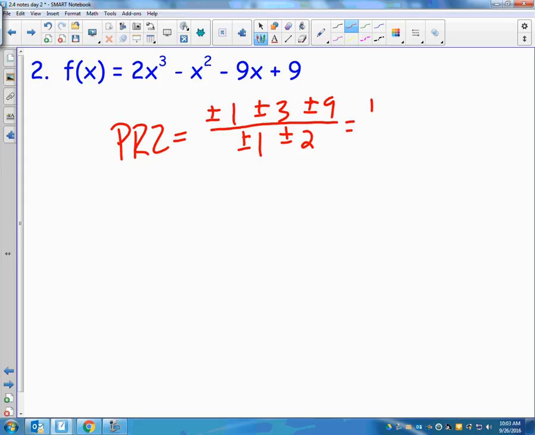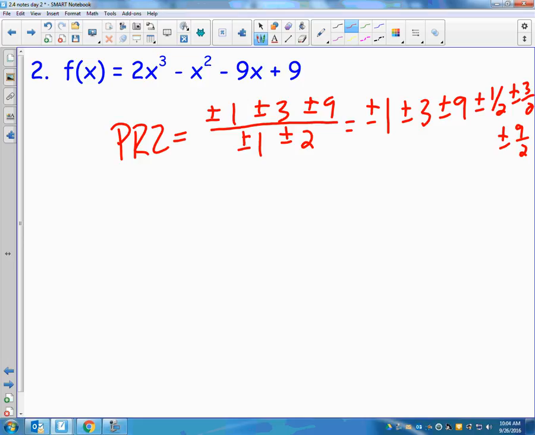So we have plus or minus 1, plus or minus 3, plus or minus 9, plus or minus 1/2, plus or minus 3/2, plus or minus 9/2. If you ever do the fraction and it happens to work out to be one of the other numbers, like let's say that was 8, 8/2 is 4, and if you already had 4 listed, you don't have to list it twice. It's the same number. But all these are all different.